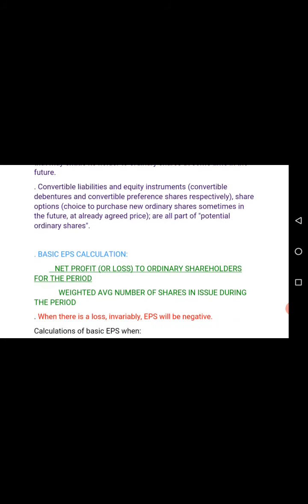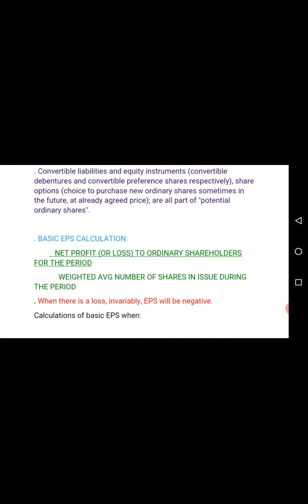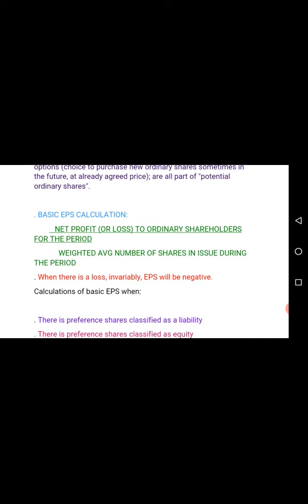We have the formula for the basic EPS, which is the same formula for the general EPS if some circumstances don't occur. It says net profit or loss to ordinary shareholders for the period is divided by the weighted average number of shares in issue during the period. And it says when there is a loss, invariably EPS will be negative.